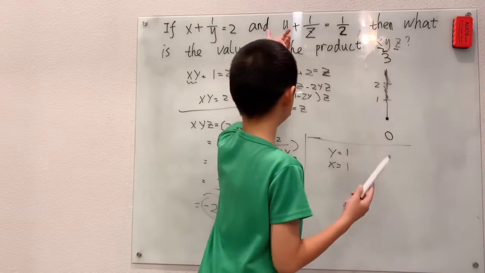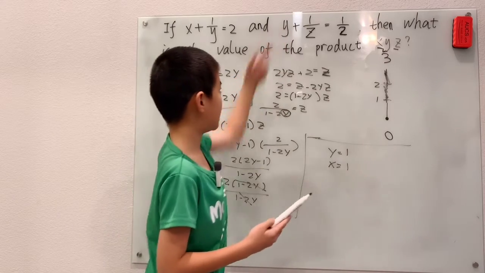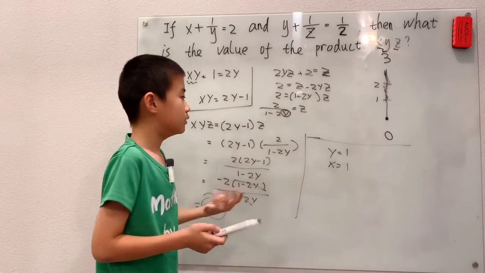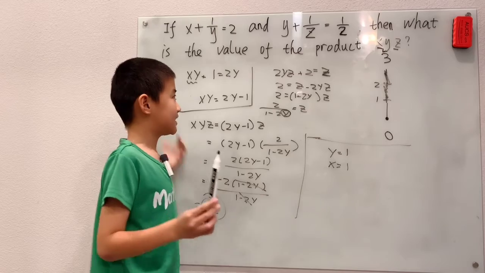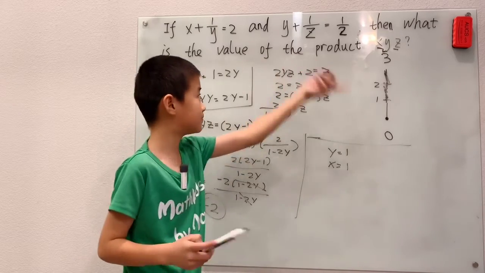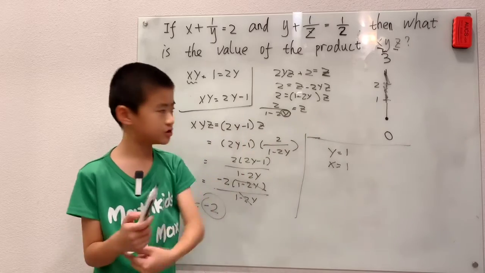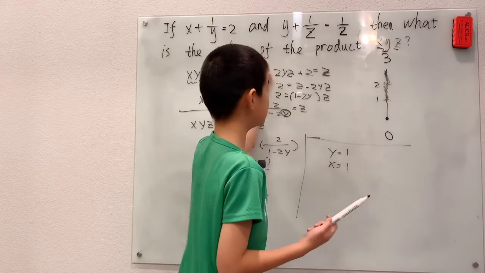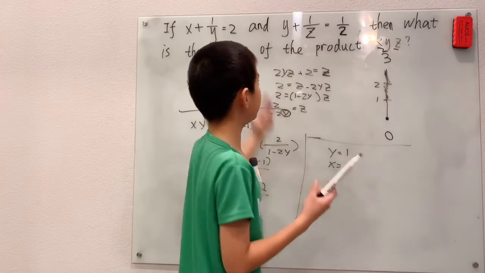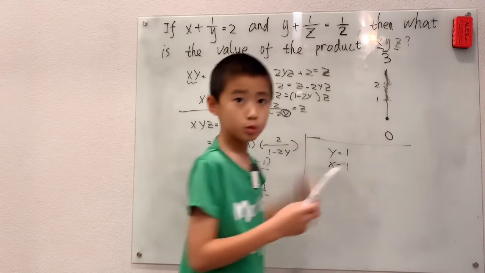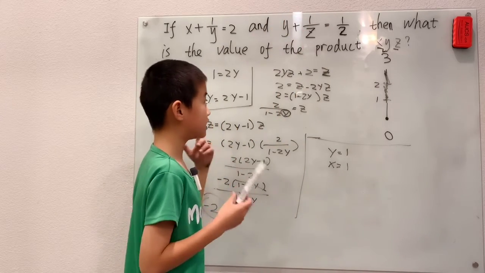Then we just stick in 1 for y, and we have y plus 1 over z equals a half. Now at first you might wonder, how do we take a number, add another number, and get a smaller number? Well, remember, you can add a negative to subtract, meaning the difference between 1 and a half is only a half, so 1 over z has to be negative 1/2.